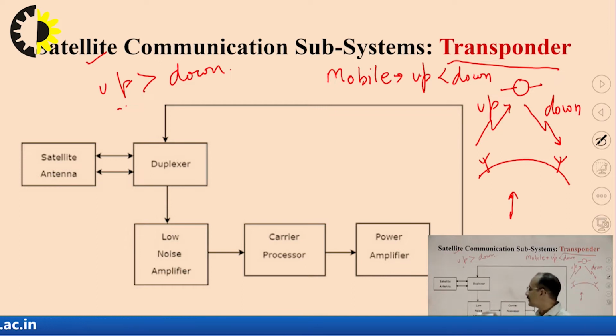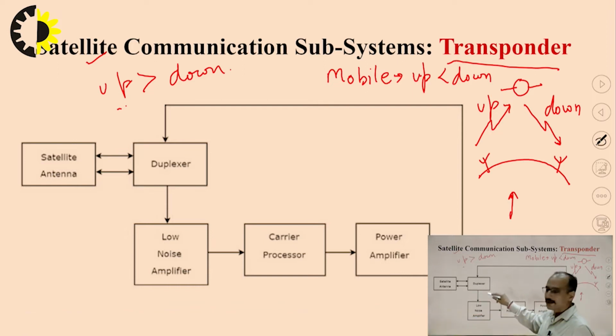After receiving the data, the duplexer gives the data to the low noise amplifier. I want to mention a point here: what is this low noise amplifier and how is it different from normal amplifiers? In communication, you always require a high SNR, signal to noise ratio, meaning noise will be less and signal power will be high.